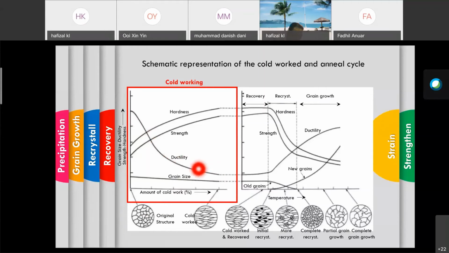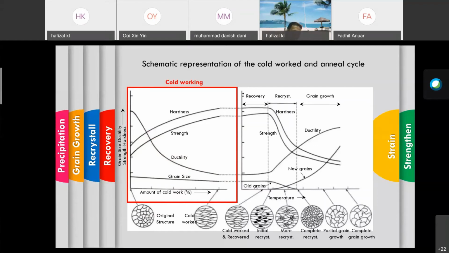Okay, we don't want that, kita dah deform material daripada bigger size. Katakan kita guna kaedah drawing yang tadi tu. We have a bigger diameter of rod, and then we want to produce the final smaller diameter size.